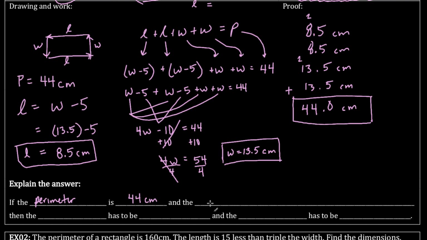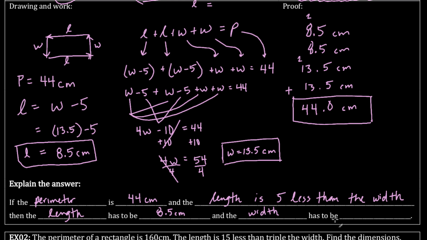and the length is 5 less than the width, then the length has to be 8.5 centimeters and the width has to be 13.5 centimeters.